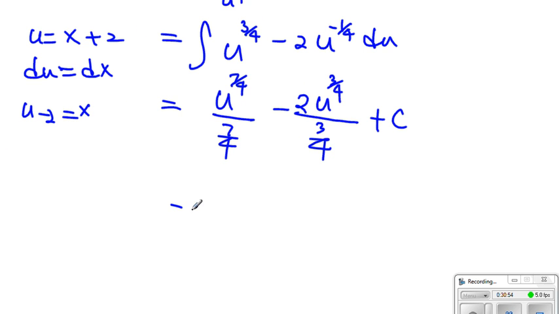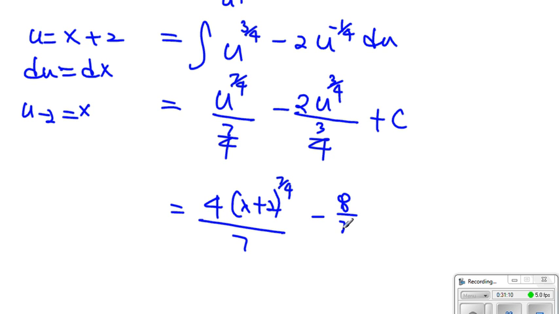And this simply means 4 times u, which is x plus 2, to the 7/4 power, whole thing divided by 7, minus 8/3 times x plus 2 to the 3/4 power plus c.